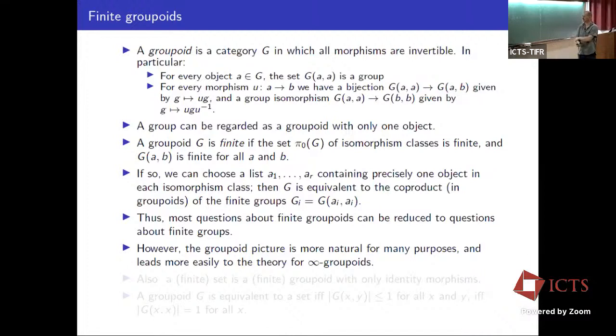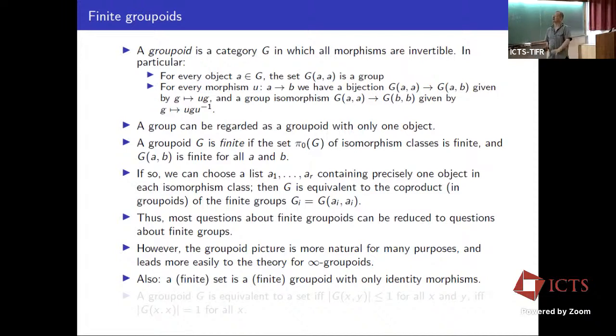Notice also that the opposite extreme is, if you've got a set, you can consider it as a groupoid with only identity morphisms. So there's no morphism from X to Y unless X is equal to Y, and the only morphism from X to itself is the identity.